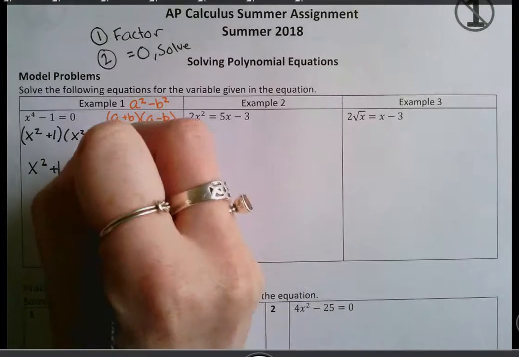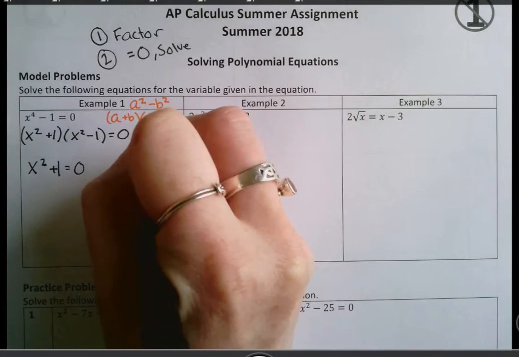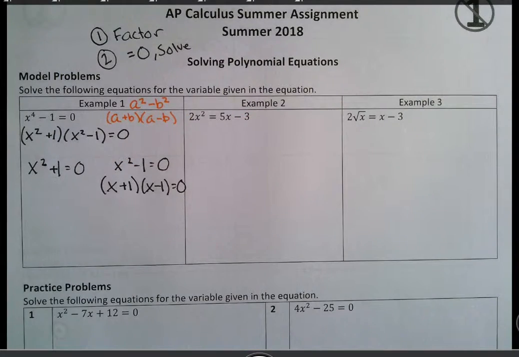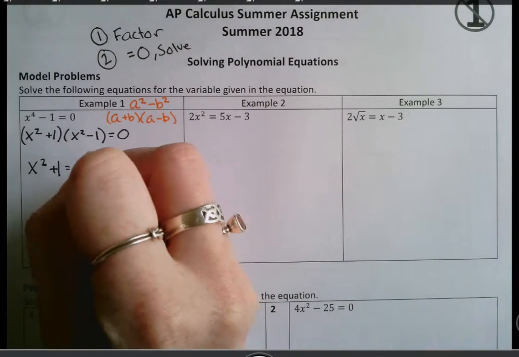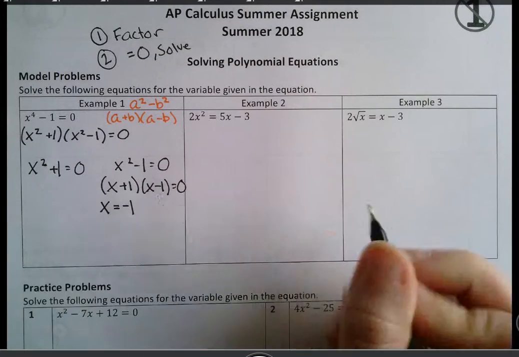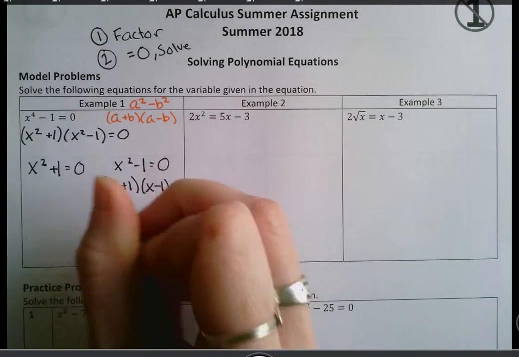So it's going to look like an x plus 1 multiplied by an x minus 1 equal to 0. So now take each of these equal to 0. This one is going to end up with x is equal to a negative 1. This other factor would end up with an x is equal to a positive 1.